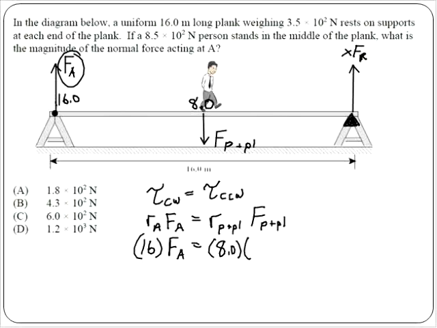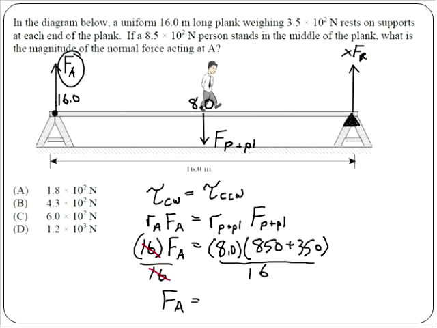And the force for both of those, all I can do is add them together. The person is 850 newtons. The plank is another 350 newtons. And there's your setup. Divide by 16 and I will get the force by itself. So the radius cancels here and here, and I've got FA equals.